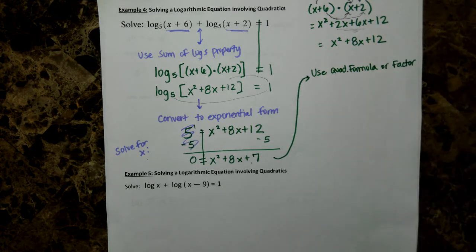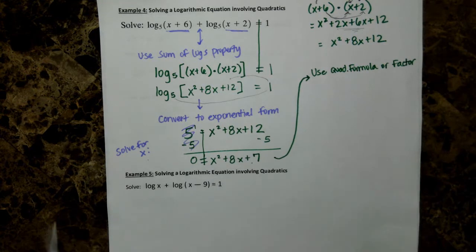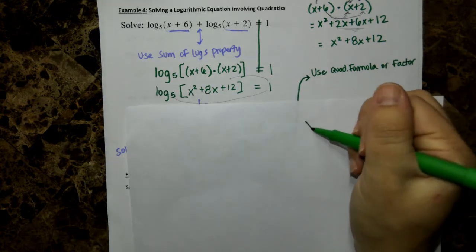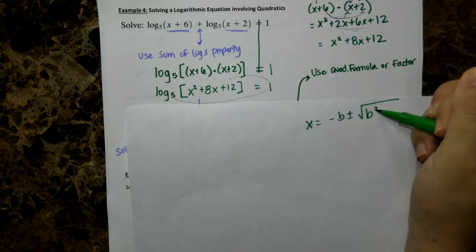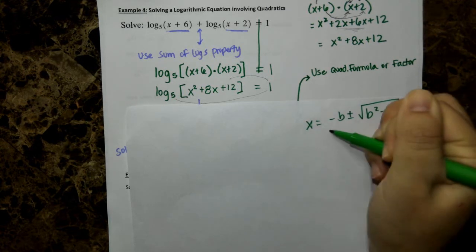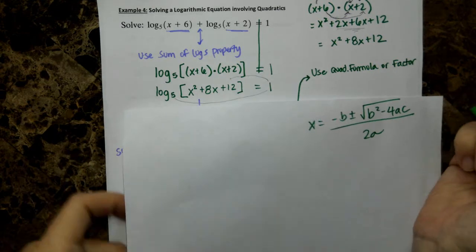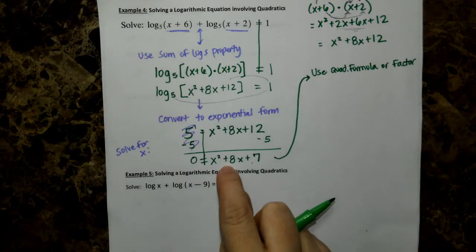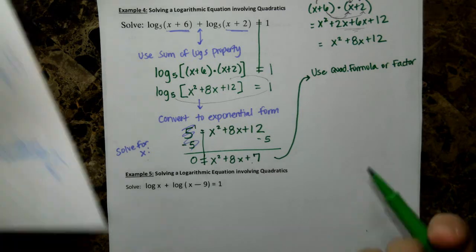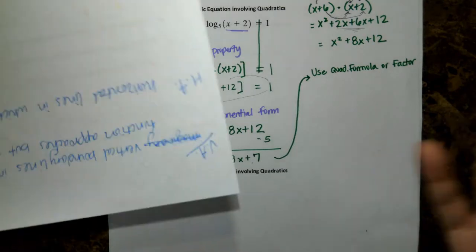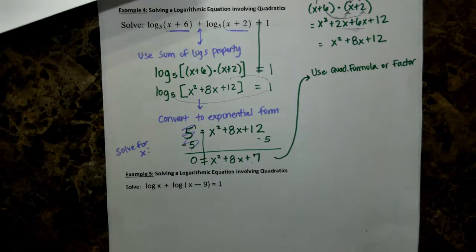Quadratic formula is the formula, and I'll write it out to the side. X equals negative b plus or minus the square root of b squared minus 4ac all over 2a. And if you want to do factoring, you would just figure out what two numbers add up to 8 and multiply to 7, which that one might be pretty easy to do, but you can use either method if you want to do that one.